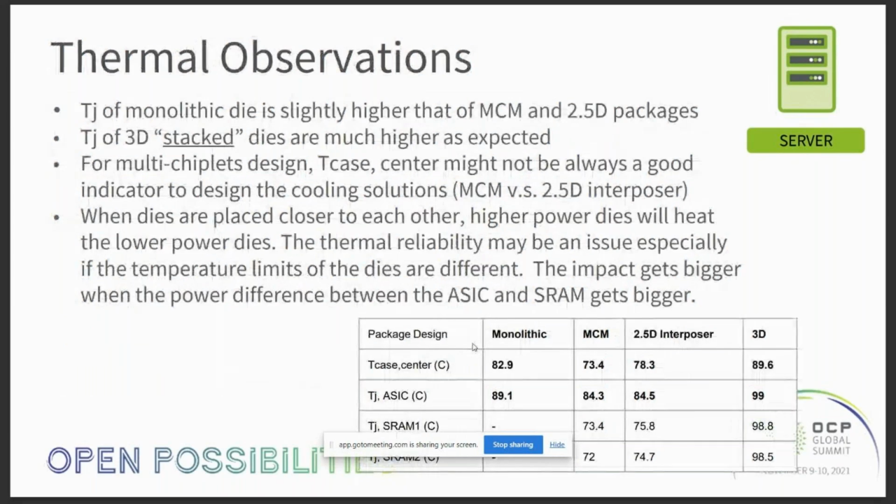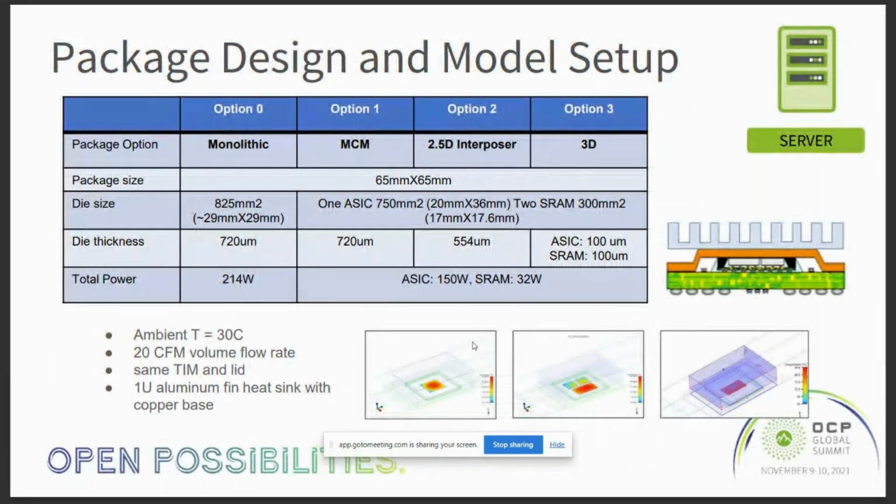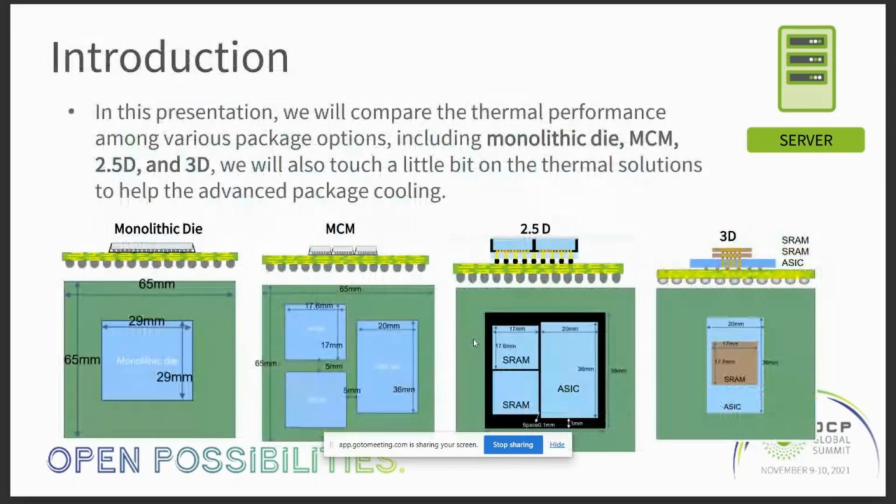Would you mind going back to the previous slide for 1 second? Sure. Not the one before this. All the MCM packages are smaller than the monolithic? Okay, let me go back to this slide. So this is the monolith. You mean the total area?